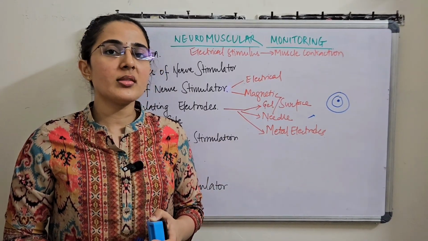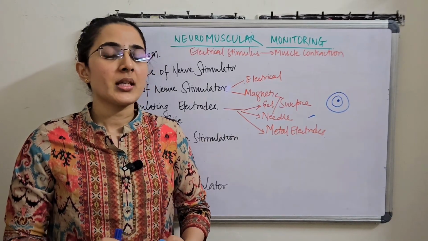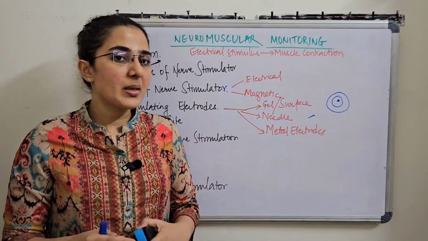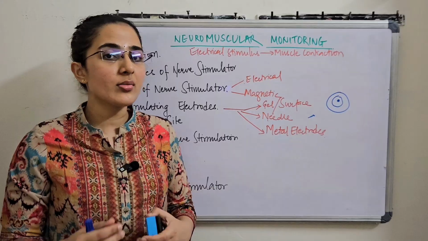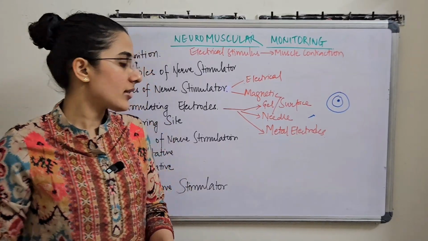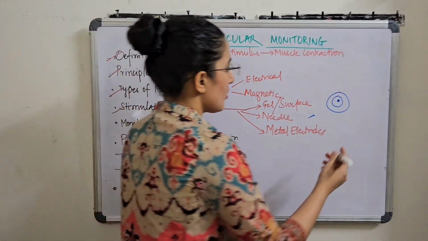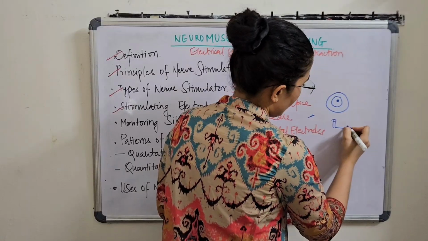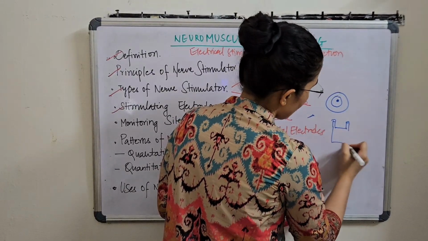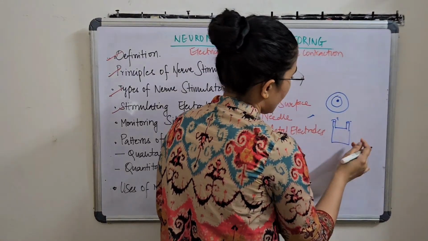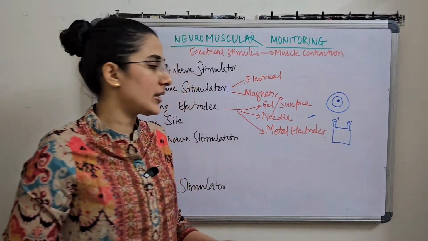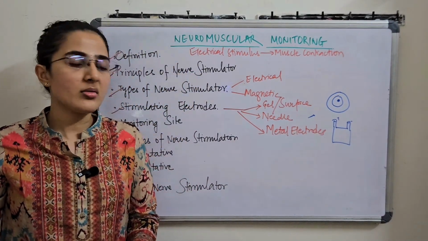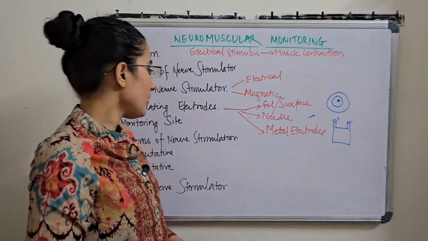Needle-based electrodes are used when there is a lot of edema, in obese patients, or in burns patients, where surface electrodes won't work well. Next, the metal electrodes come in direct contact with the skin of the patient. There may be a positive and a negative, and these bulky electrodes are the metal electrodes that are available.